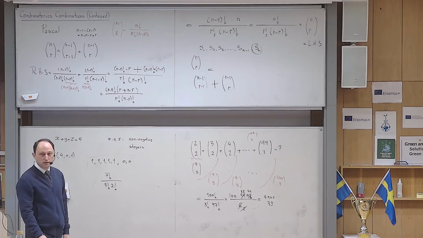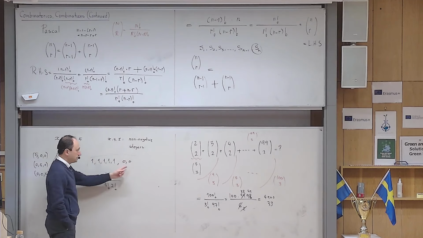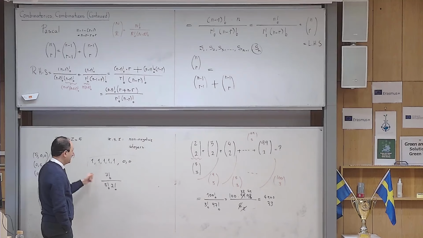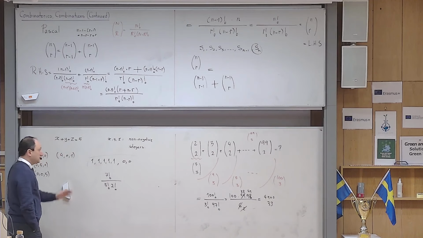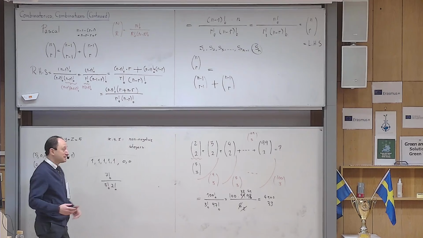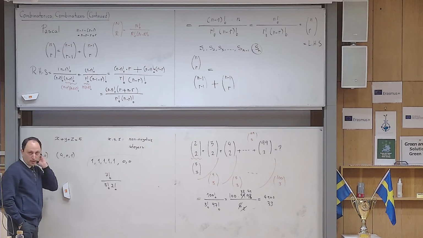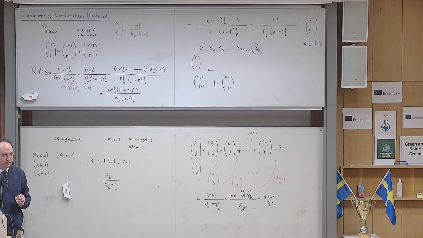My claim is that the answer to this is the same. How can you find a connection between this? That's a claim. This is not a hard problem. Hopefully, if you are coming with me, it is a matter of seconds to understand that this is the number of permutations of these objects. But it is not at all clear why the number of permutations of these numbers is the same as the number of solutions to this equation. This is important if you can come up with a story.